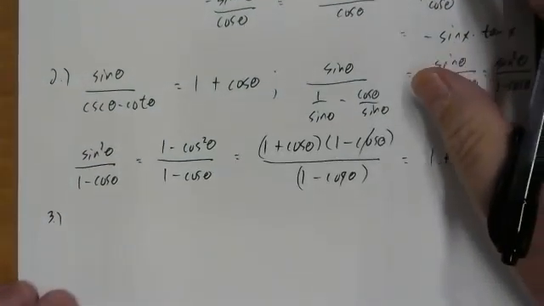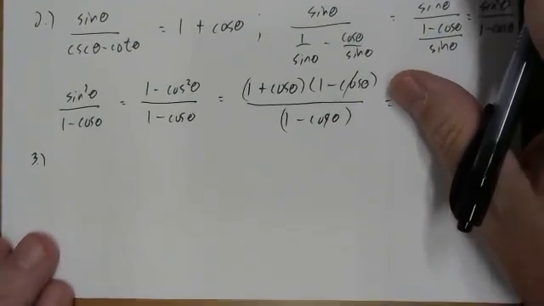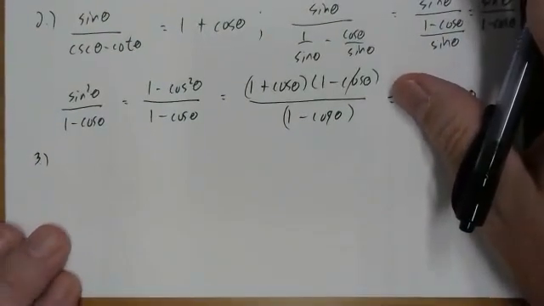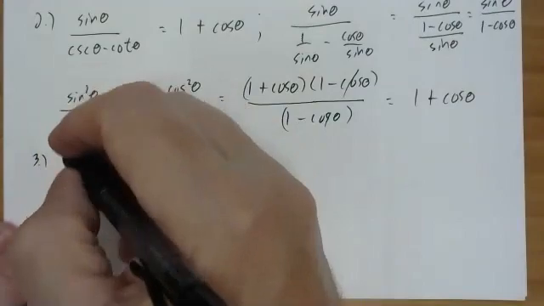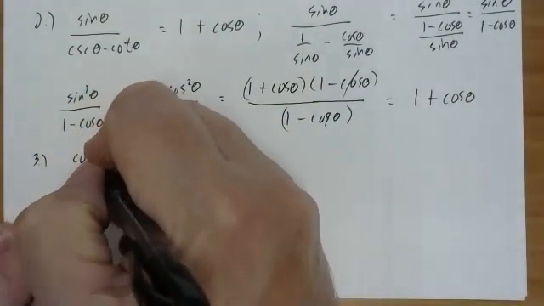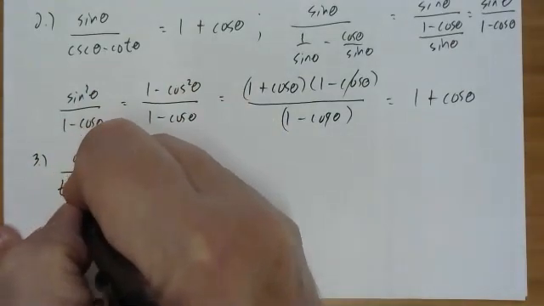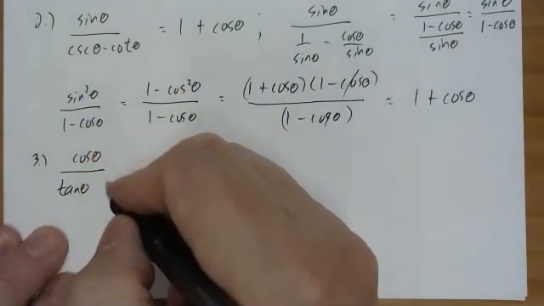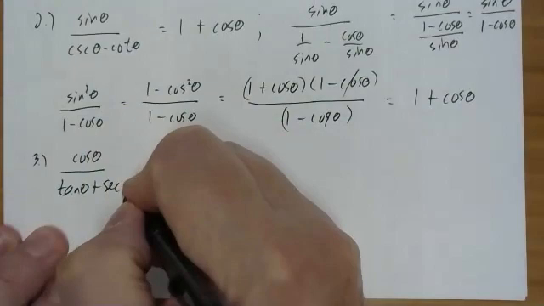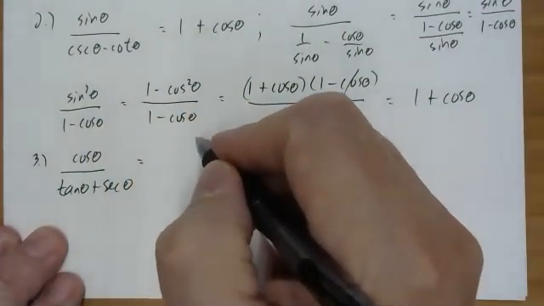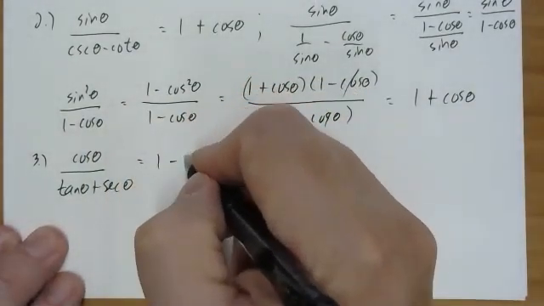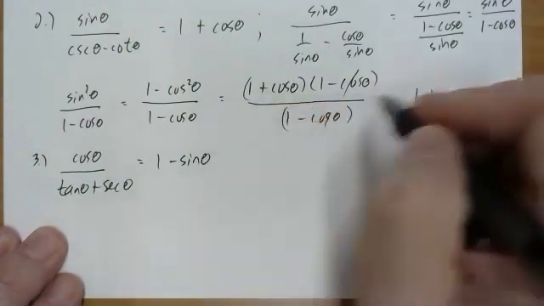All right, one more, if I can squeeze it in here. Cosine theta over tan theta plus secant theta. We need to show that equals 1 minus sine theta.